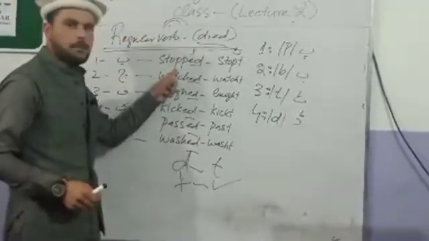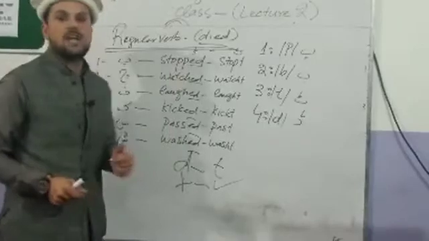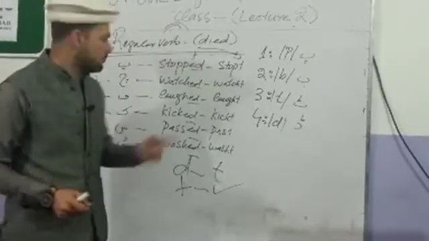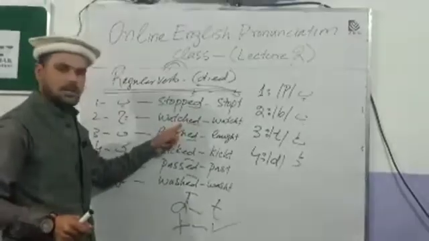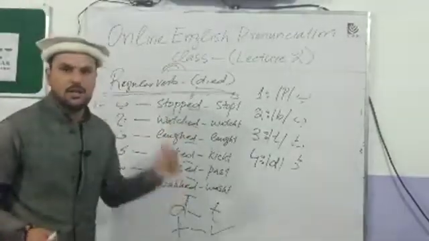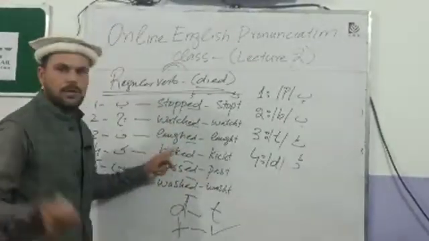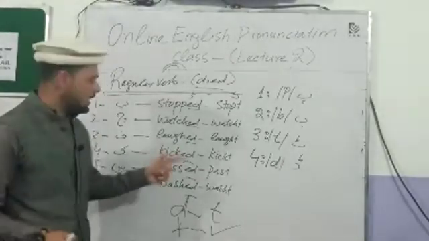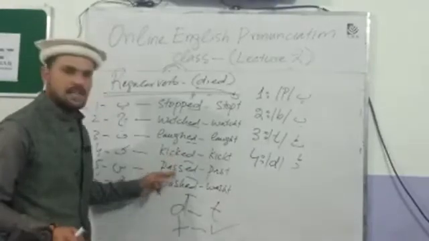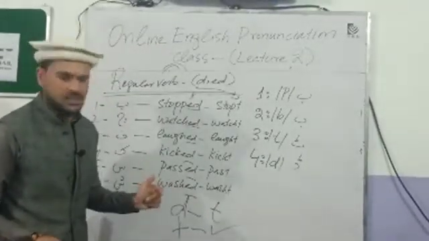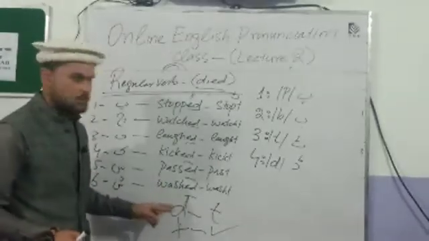Like stop: at the end we have the p sound, so not "stopd", but stopped. Watch: before ed we have the ch sound, so watched. Laugh, we have the f sound, so laughed. Here we have kicked: the k sound, so kicked. Here we have the s sound, so passed. And here we have the sh sound, so washed.